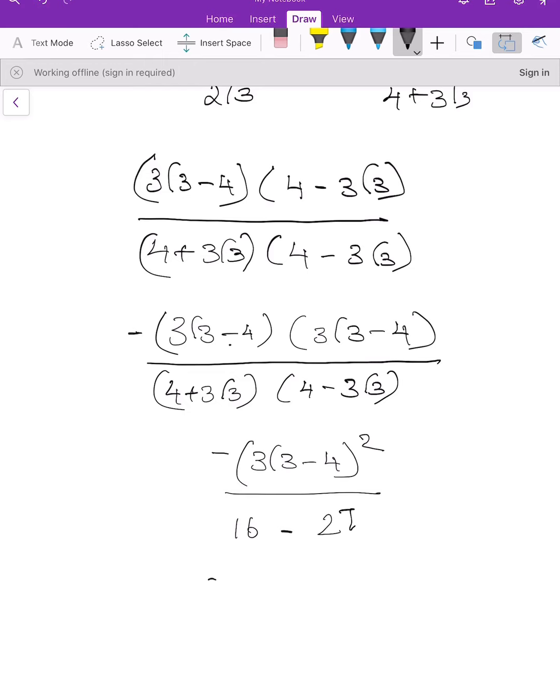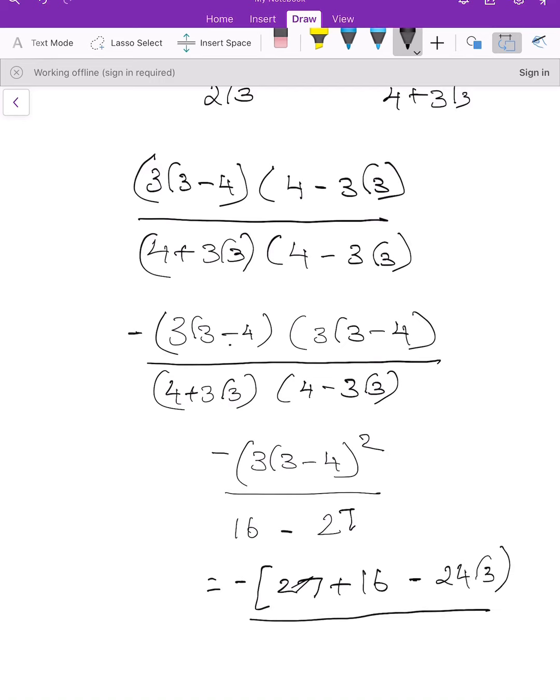For the numerator, a square minus 2ab plus b square: 3 square is 9, root 3 into root 3 is 3, so it is 27 plus 16, minus 8, 2 3s are 6, 6 4s are 24, so 24 root 3, divided by 16 minus 27, which is minus 11.